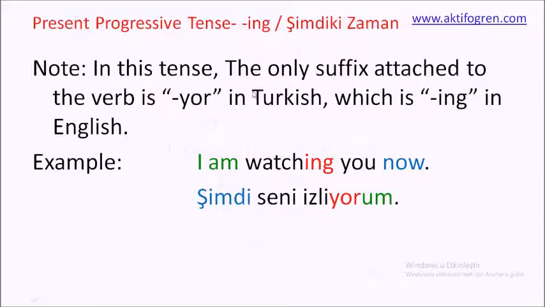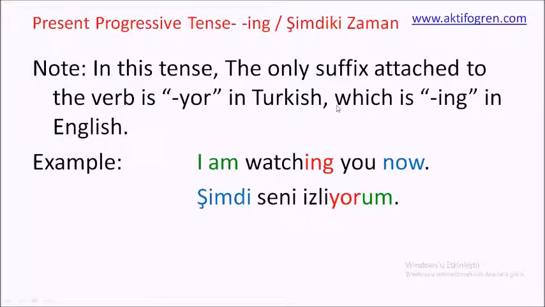Now let's get started with the present continuous tense, which is present progressive tense in another way. So normally in this tense, the only suffix that is attached to the verb is yor, as you see here in Turkish, which is equal to ing in English.